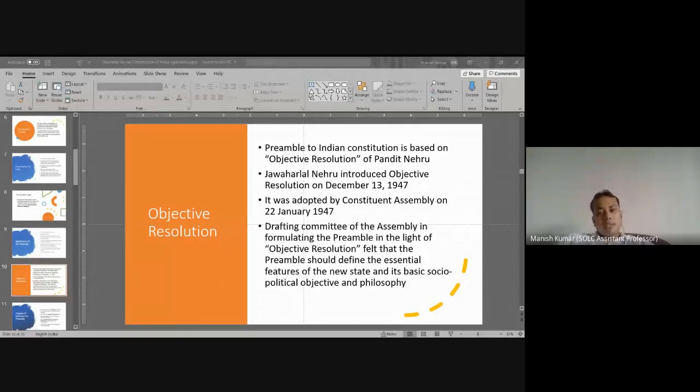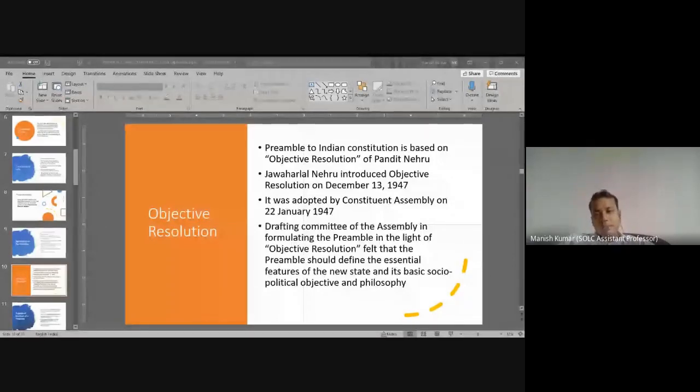The committee adopted the expression sovereign democratic republic in place of sovereign independent India.